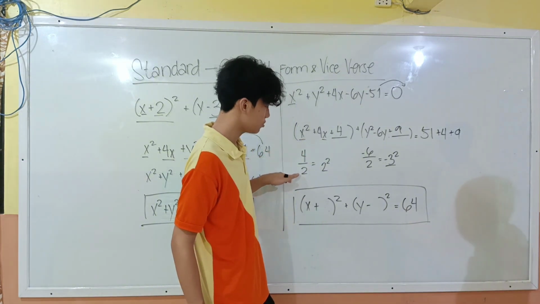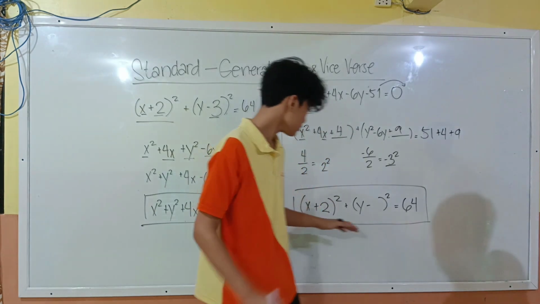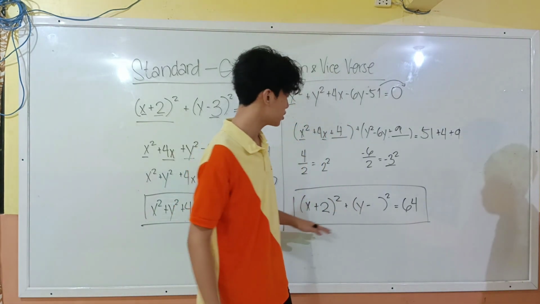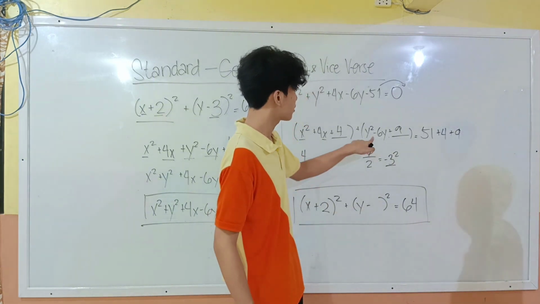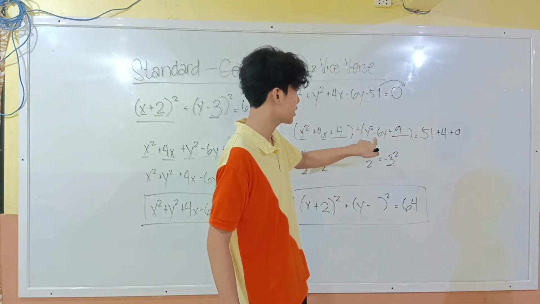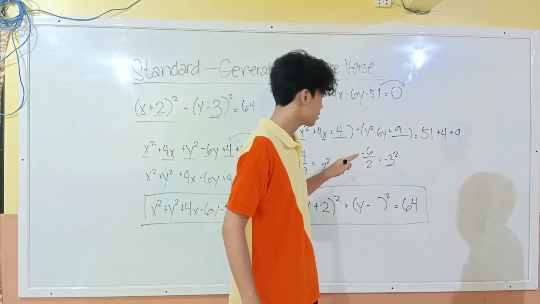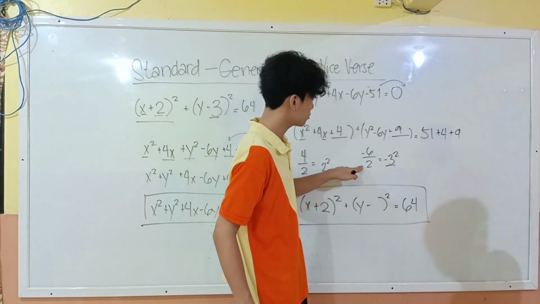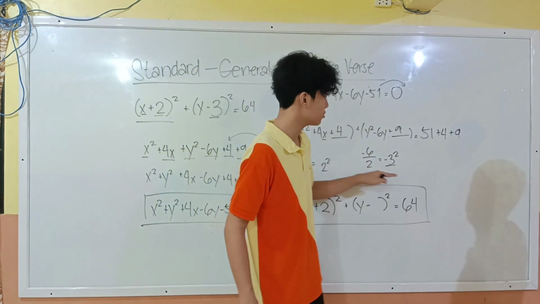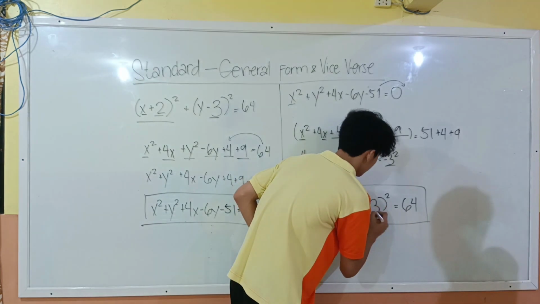So 4 divided by 2 is 2, so I write 2 right here. Then we do the same thing on the other side. We get first the sign of the second term, so for our case, negative 6y, so negative. And then you get the value after you divide the value of the second term by 2, so negative 6 divided by 2 is negative 3, and then put it here.